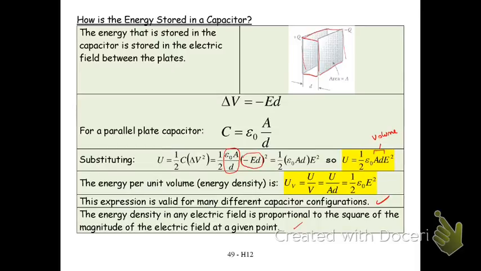Frankly, I don't expect you to know those equations. I've got to make some choices here. When there's no equation sheet, I've got to make some choices. But I'm not above giving you that equation and then saying, hey, plot me a graph of the potential energy versus the electric field for a capacitor.